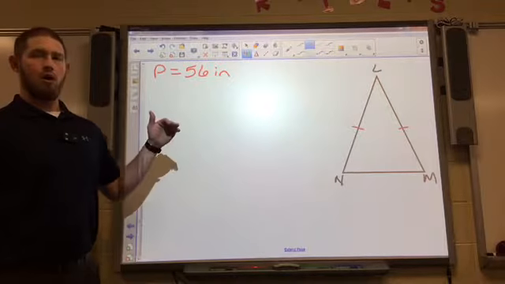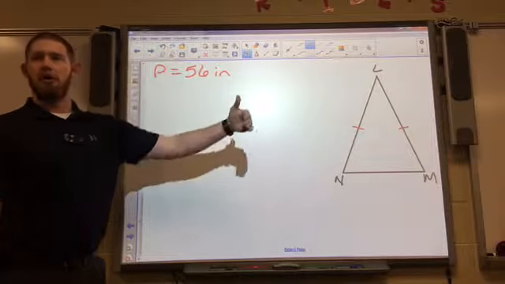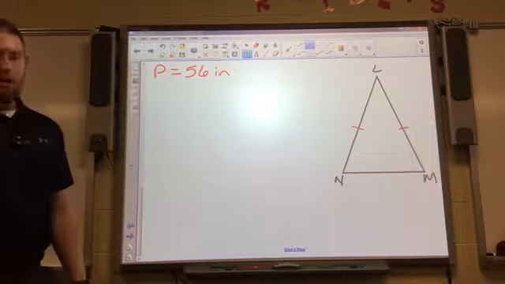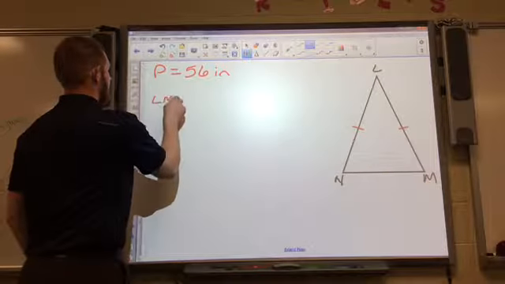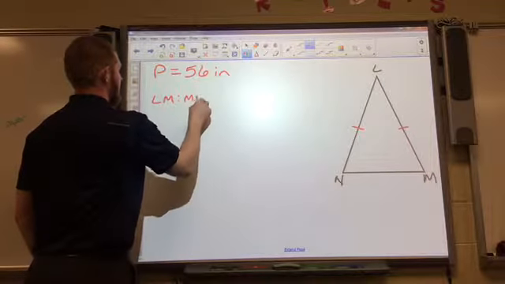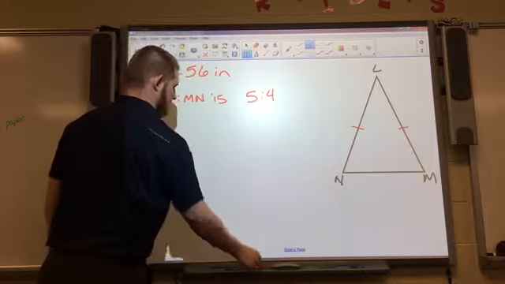Okay, so perimeter is what? All the sides, the distance around, right? Okay, and then they also tell me that LM to MN is 5 to 4.